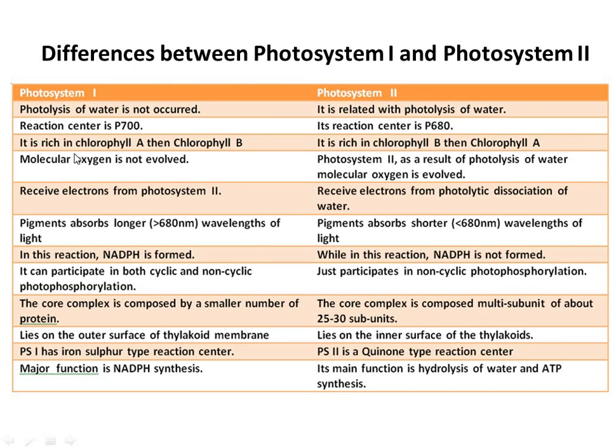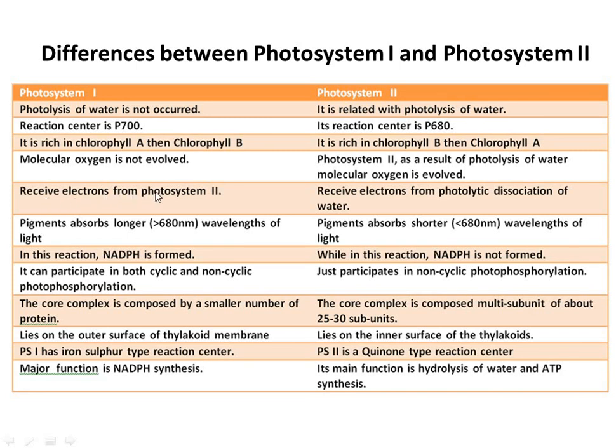In PS1, chlorophyll A is rich when compared to chlorophyll B. In PS2, chlorophyll B is more when compared to chlorophyll A. Molecular oxygen is not evolved in PS1. In PS2, the photolysis of water molecules takes place and molecular oxygen is evolved.